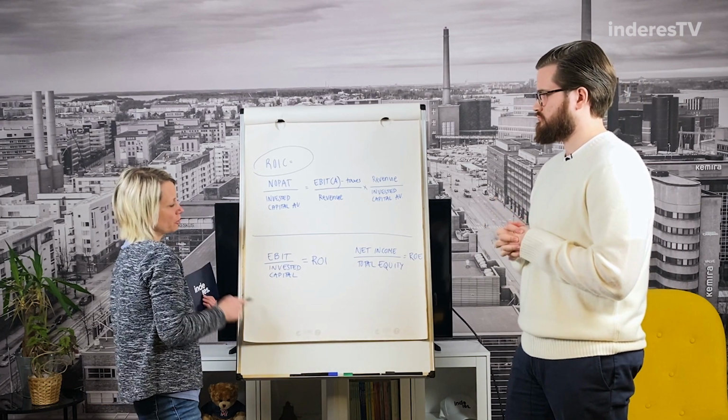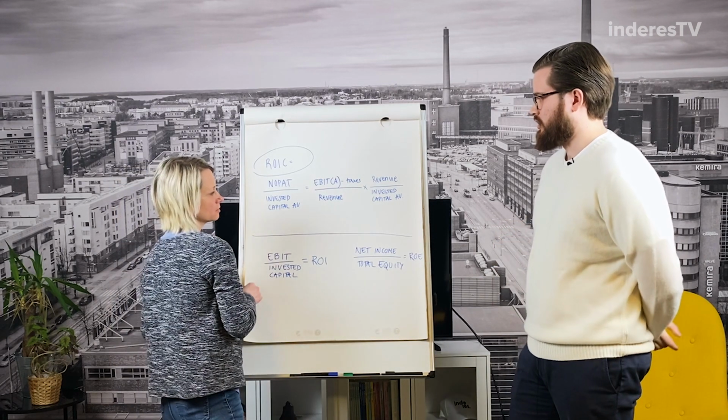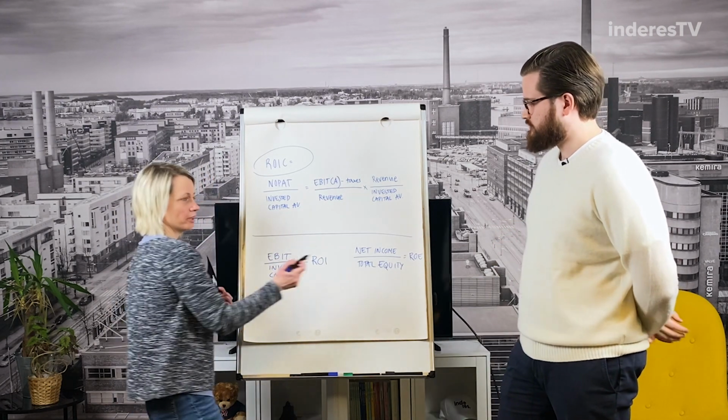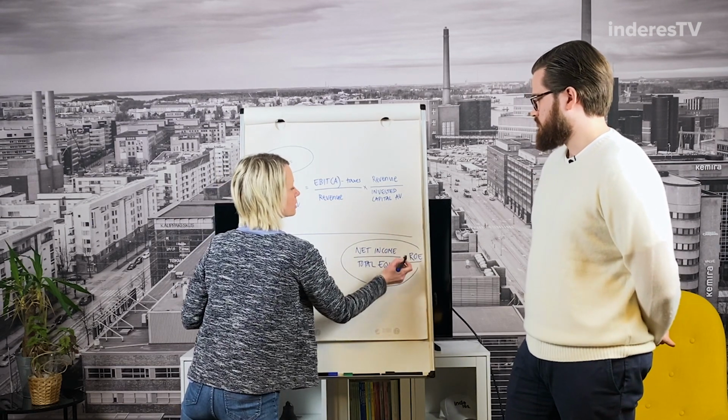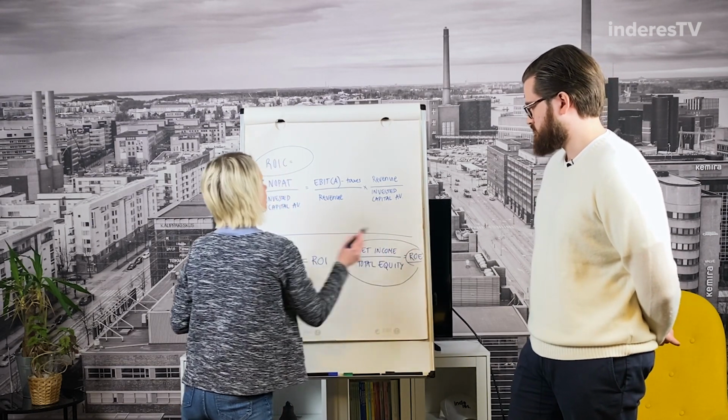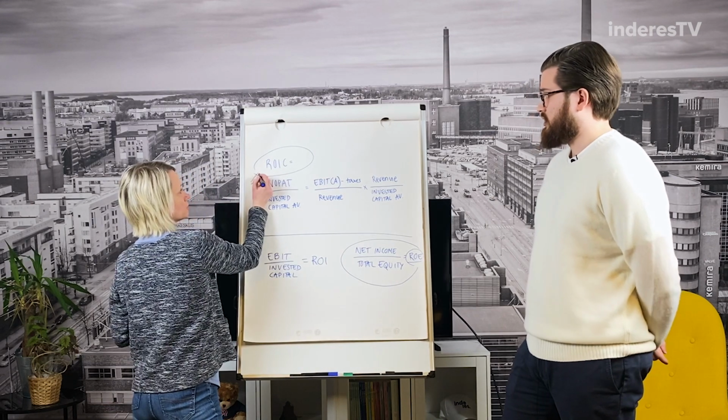And why have we written down the other ones? If we start with ROE, why is this one not as interesting as this one?